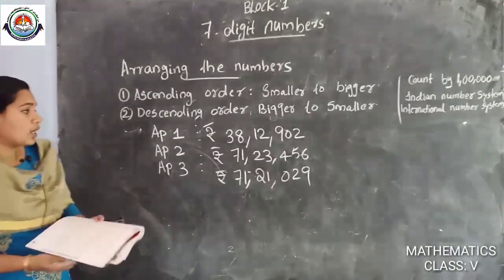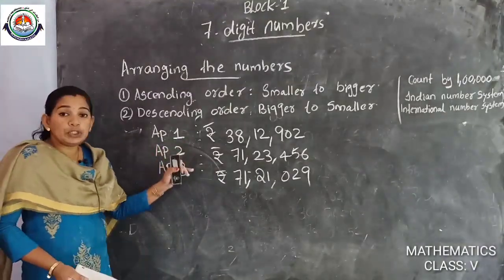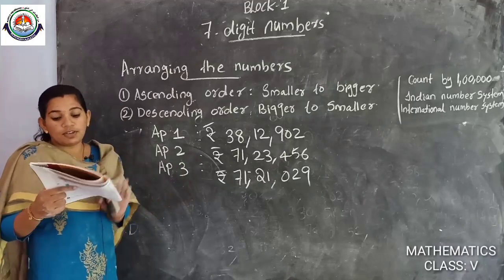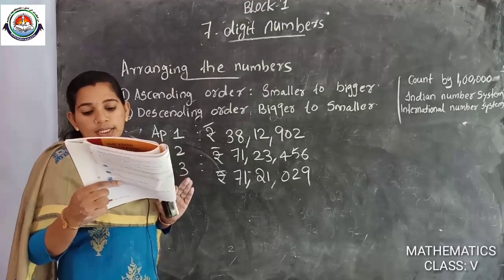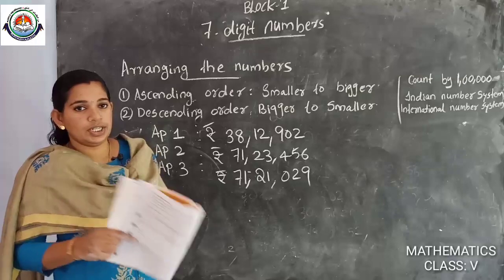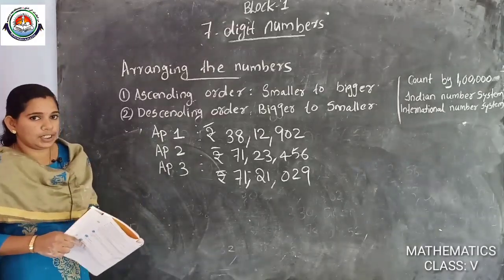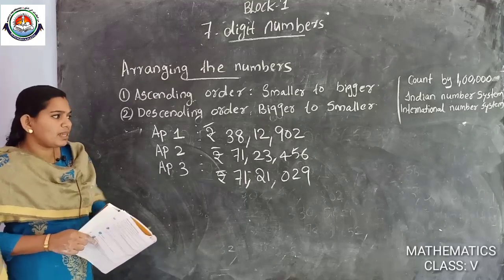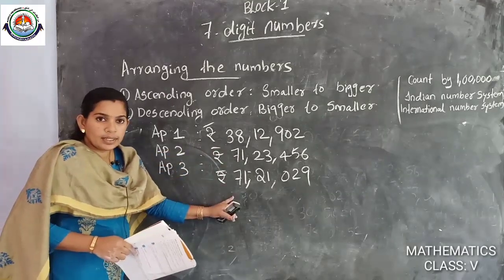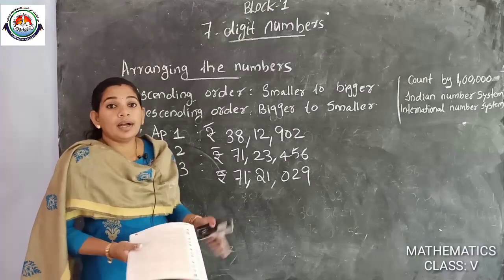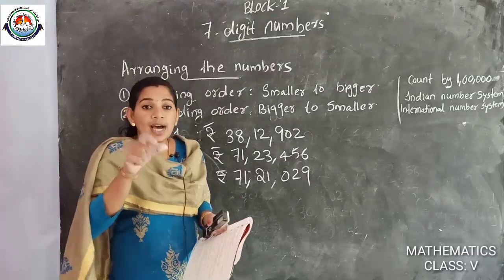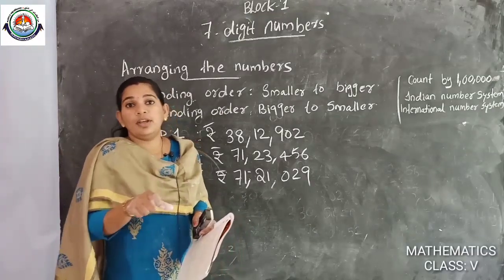Okay, this is the cost of apartment 1, apartment 2, apartment 3. Our question is, which is the costliest flat? From these apartments, which is the costly flat? That is our question. Costliest flat means the largest cost.